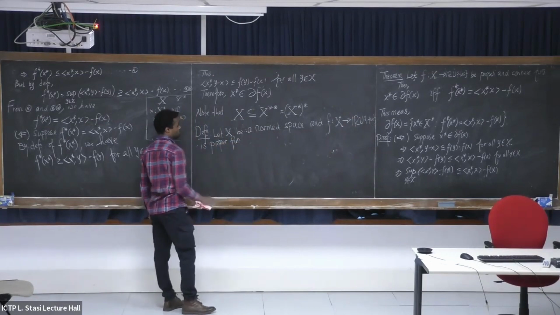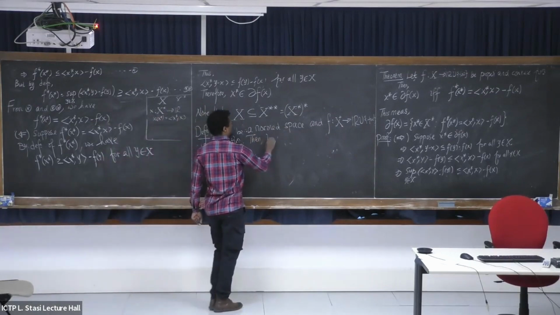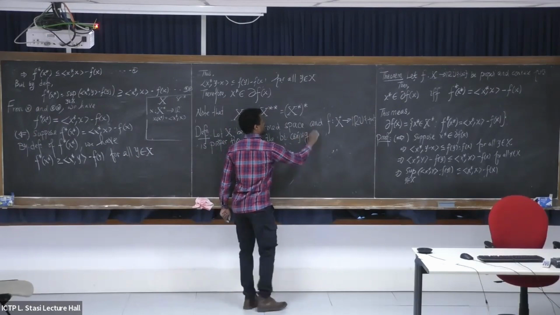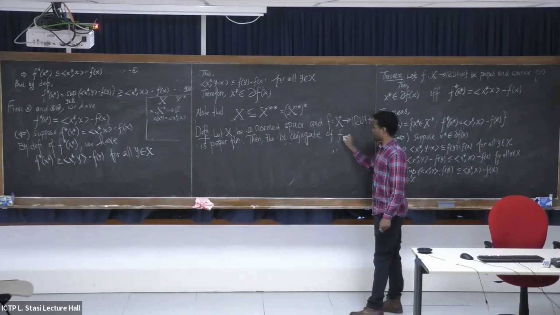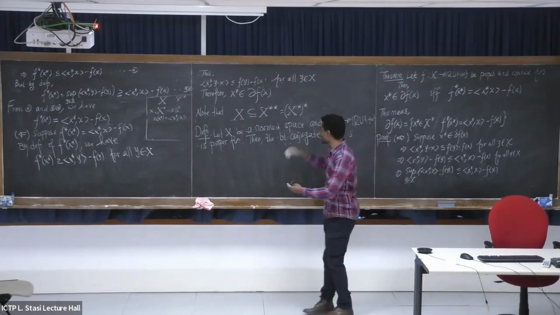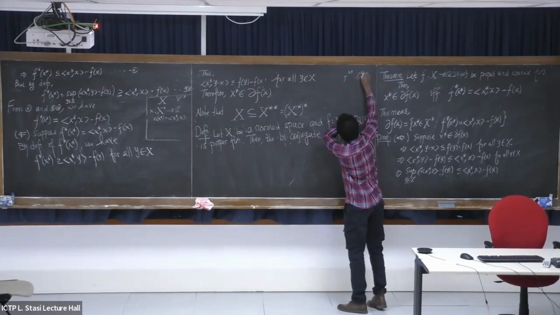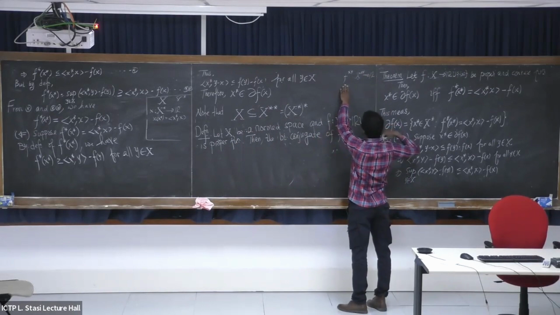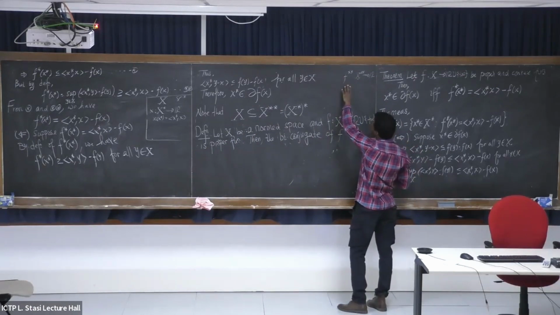We need only the function to be proper. Then by the conjugate of f, by conjugate in this one, we expect to have the definition of this one. But if it is reflexive, that's okay.